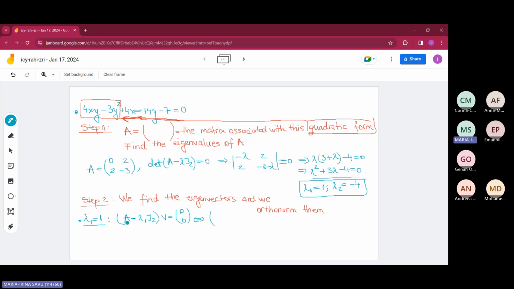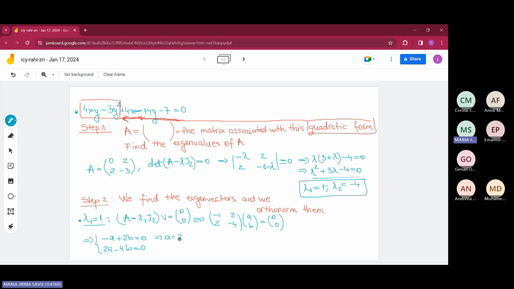We have to subtract lambda on the main diagonal. So we have minus 1, 2, 2, and minus 4. V is (a, b), and we get minus a plus 2b is 0, and 2a minus 4b is 0.